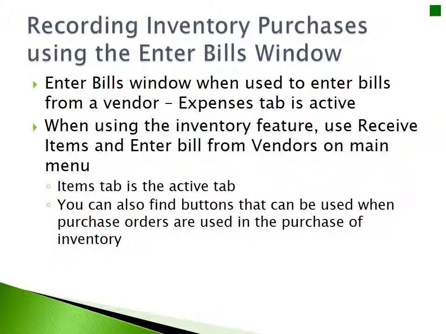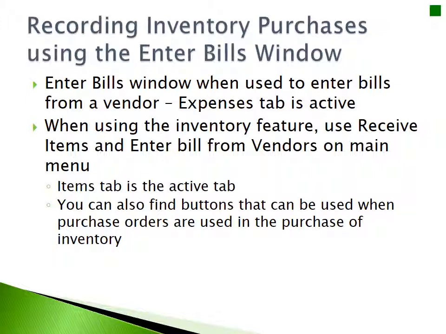In Chapter 2, we used the Enter Bills window when goods and services were purchased on account from a vendor. There are two sub-tabs on the main tab of the Enter Bills window, Expenses and Items. The Expenses tab is used when you enter bills from vendors. When you wish to use the Inventory feature, the vendor's pull-down menu offers an additional choice of Receive Items and Enter Bill.